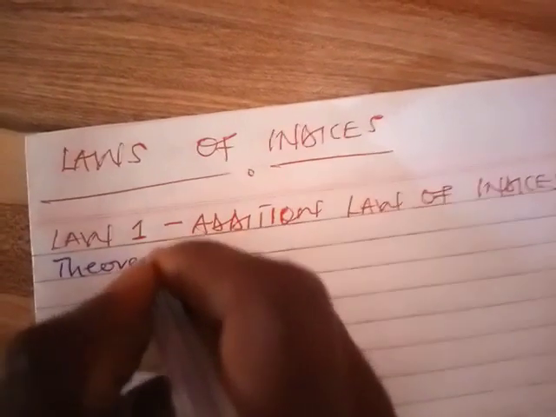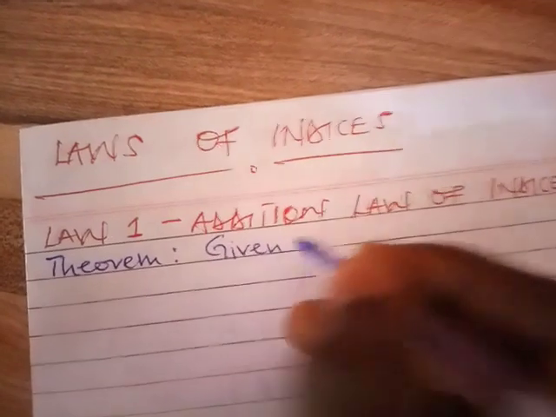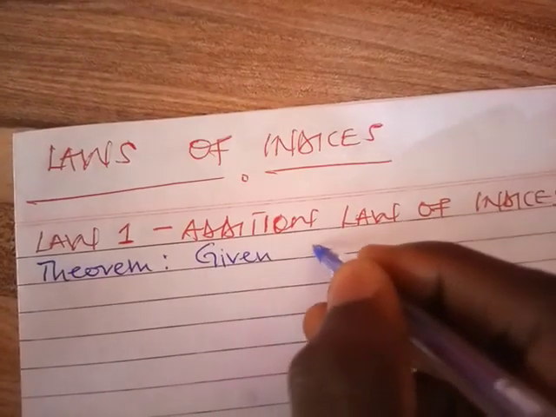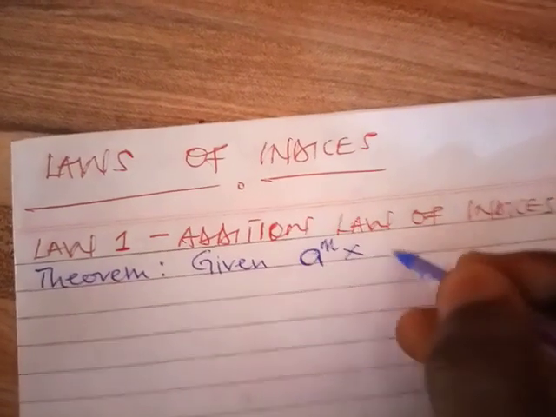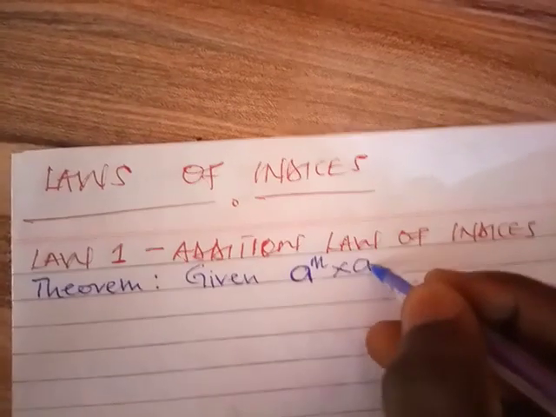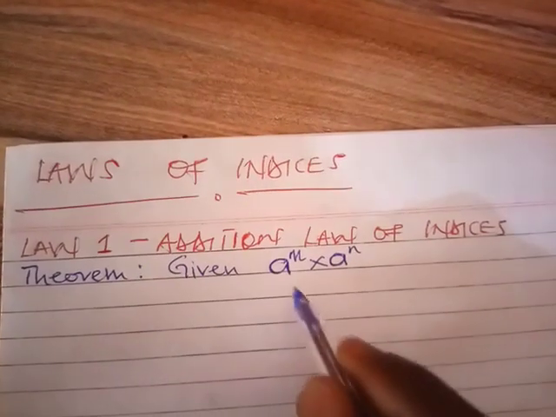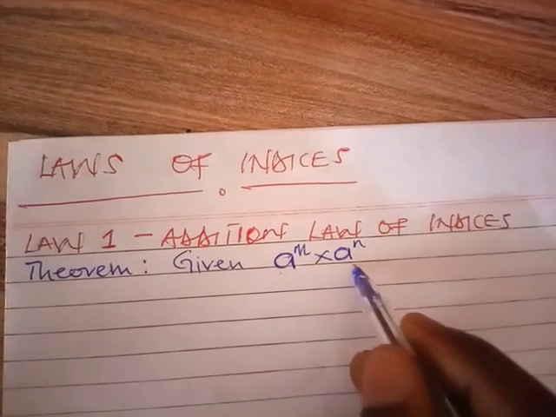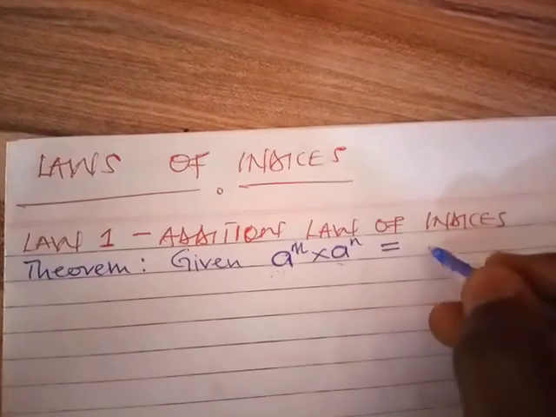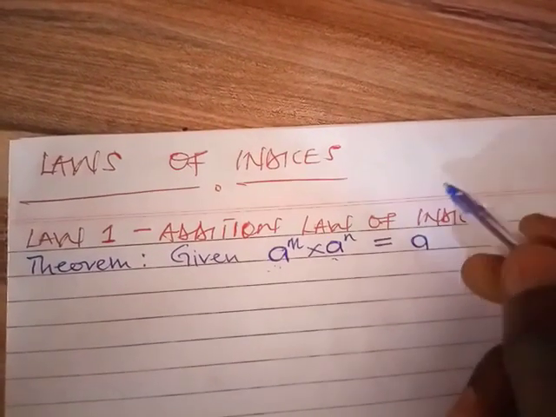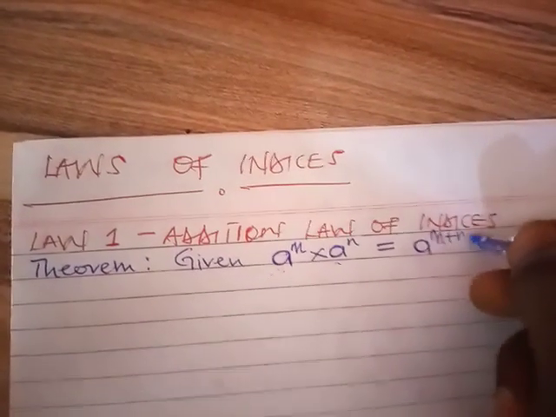The theorem is saying that, given a base a to an exponent m, multiplying the same base a to another exponent n, because we have a here and a here, and these two bases are the same, you have every right to write one of them and add the exponents together. So we have m plus n.